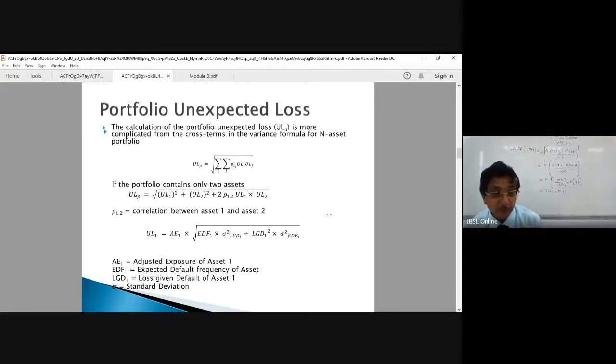So that is how the UL1, or unexpected loss, is calculated for asset 1.